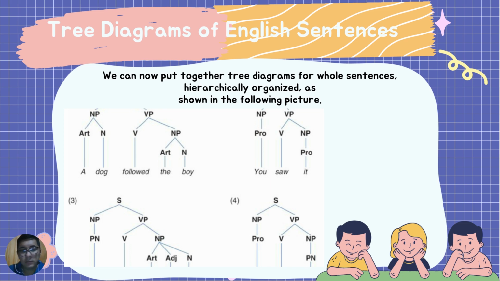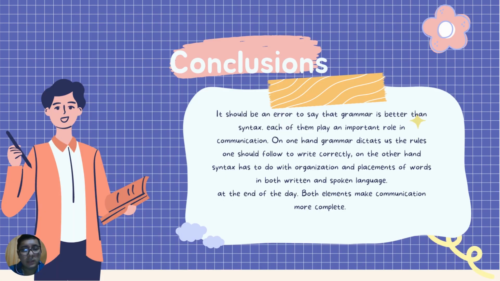So we are going to move on to the last part. This is the conclusion. So in my conclusion, it would be an error to say that grammar is better than syntax. Each of them plays an important role in communication. On one hand, grammar dictates the rules one should follow to write correctly.